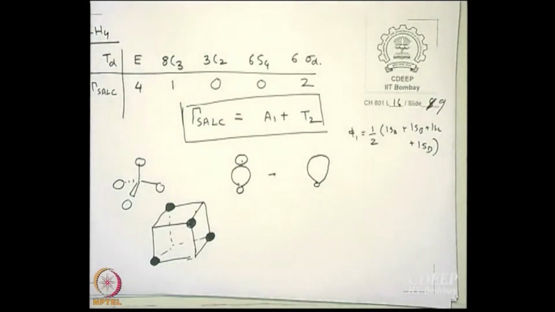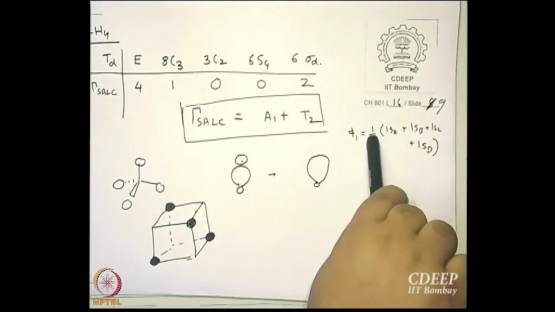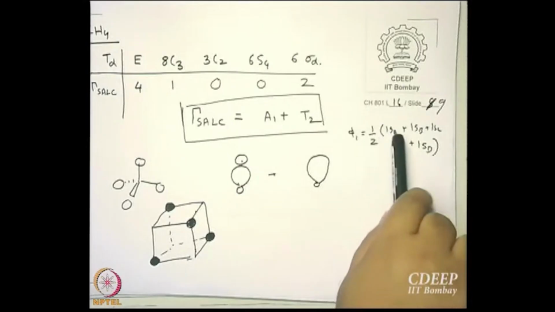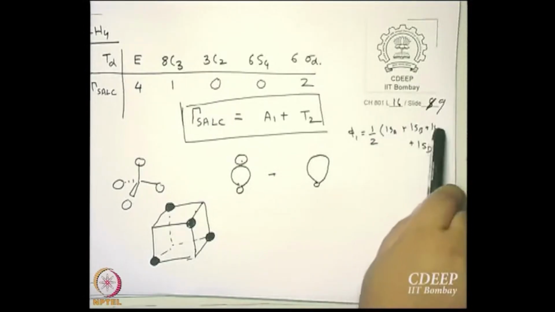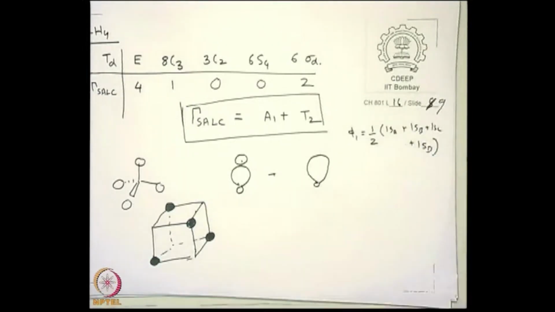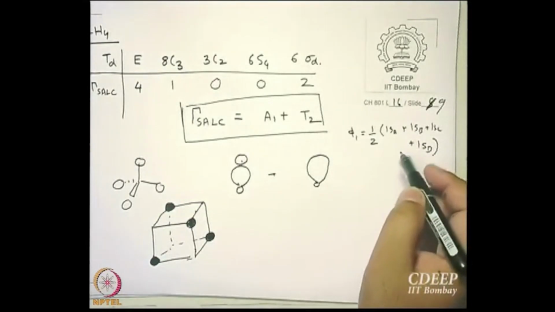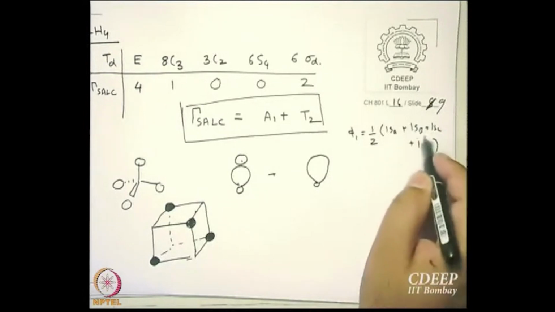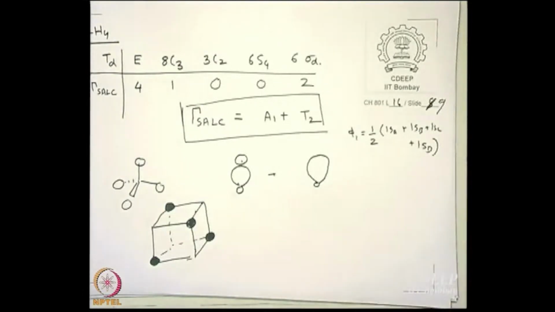No root sign. If you try to normalize, the cross terms will all cancel, so you are left with C square multiplied by 1sA square plus C square multiplied by 1sB square plus C square multiplied by 1sC square plus C square multiplied by 1sD square.